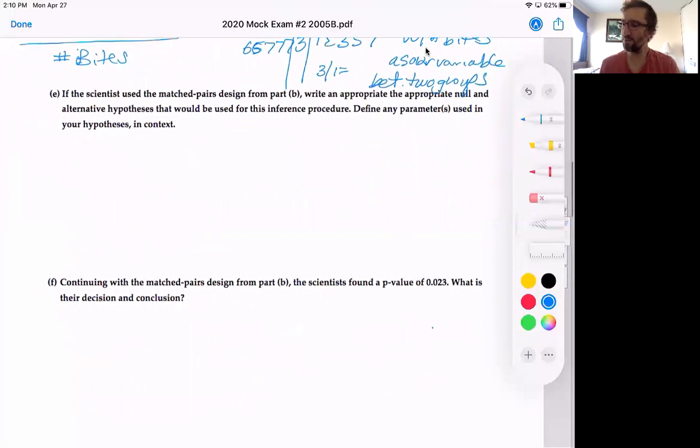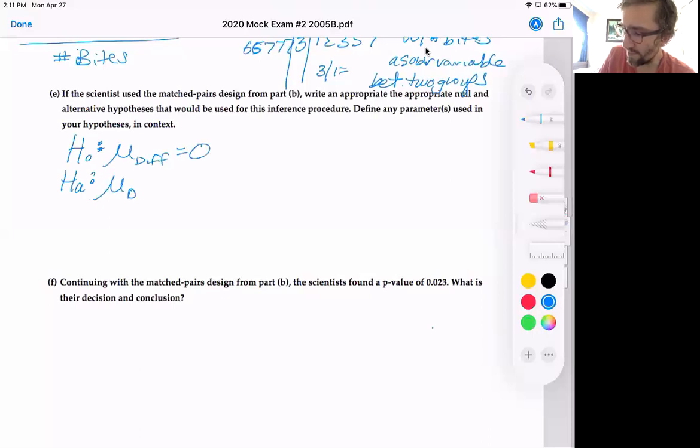If the scientists use matched pairs, write appropriate null and alternative hypotheses that would be used to find any parameters. So earlier we actually answered that. For a matched pairs design, we would have mu diff equals 0, mu diff is less than 0.